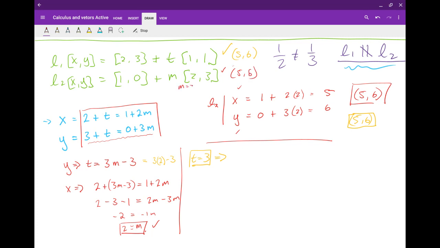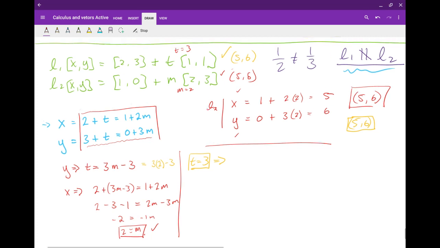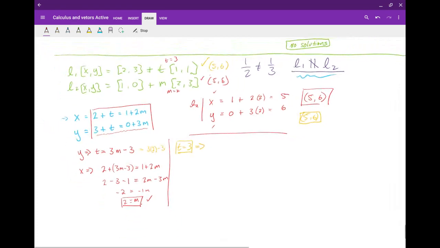So this is when m equals 2, and this is when t equals 3. And so therefore, the point that they share is 5, 6. And so these guys intersect at 5, 6. So I would say there's one solution, and it is at 5, 6.